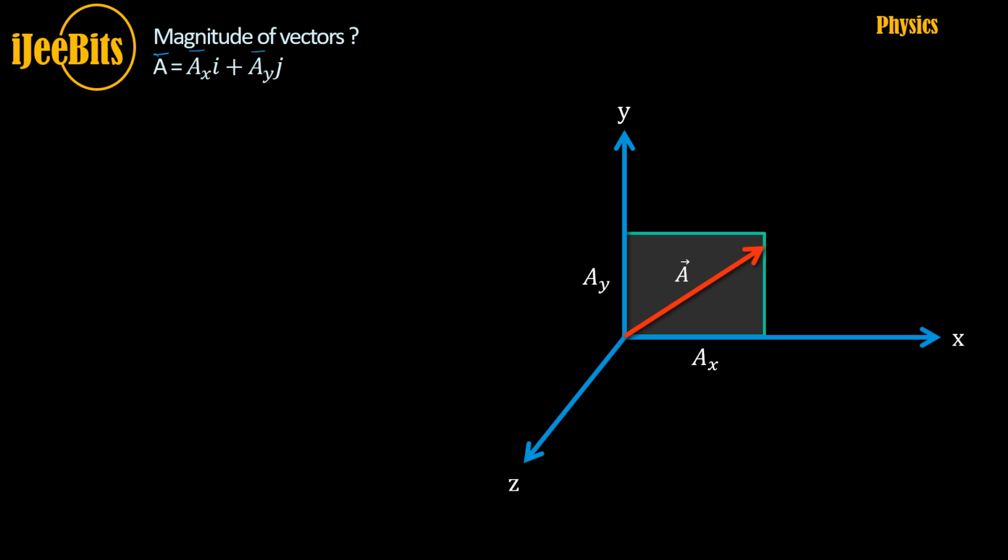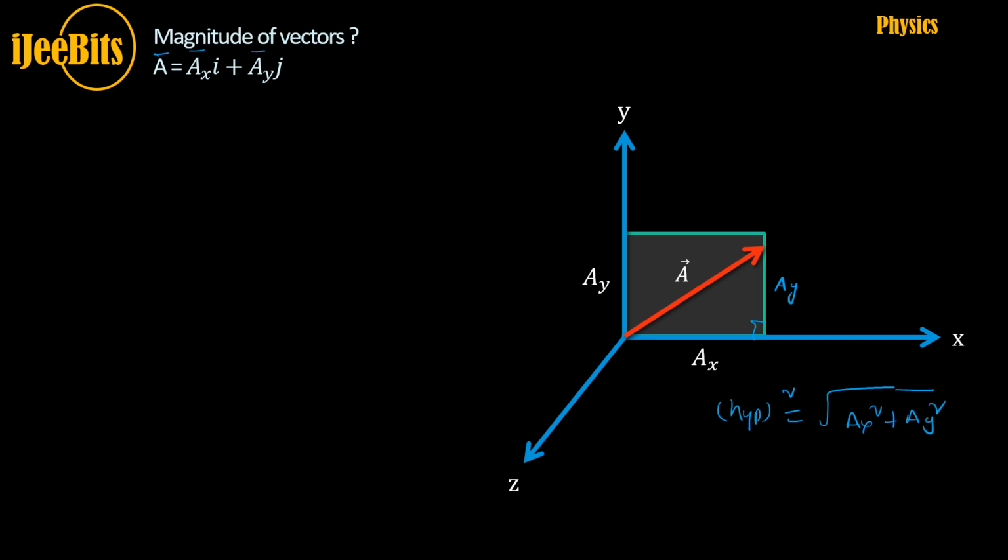So if you look at this one, ay, both are parallel vectors, so this is a right angle triangle. Two sides are given, and then you have to calculate the hypotenuse. This is your resultant vector. How do you calculate? According to Pythagoras, the hypotenuse will be given by square root of ax square plus ay square, side square plus side square.